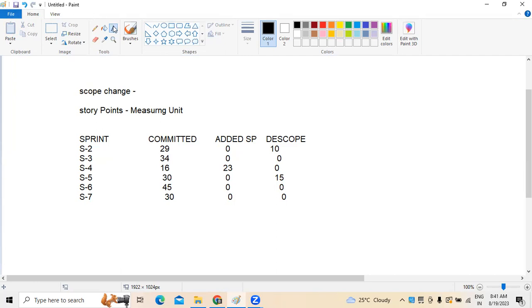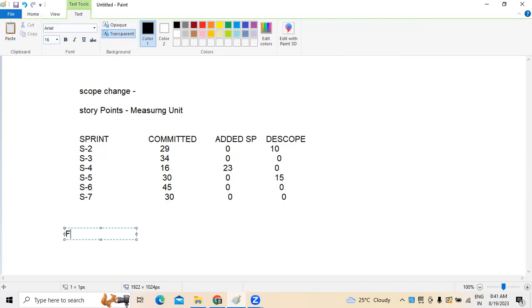Now, whenever we want to make a formula for this, usually whenever we are working on D-scope, if you want to know about the D-scoping of this, normally we have to take D-scope, which is called D, divided by the committed ones, whatever we have, multiplied with 100.